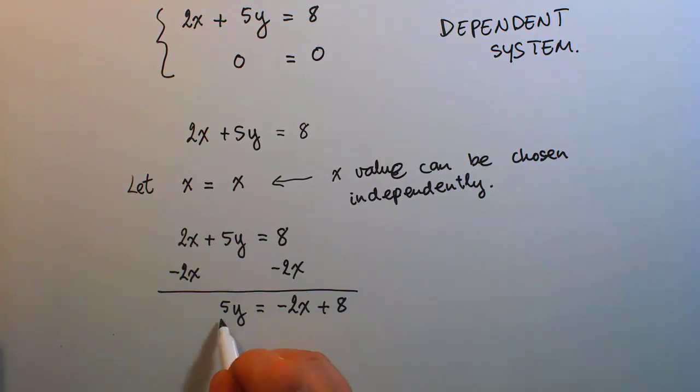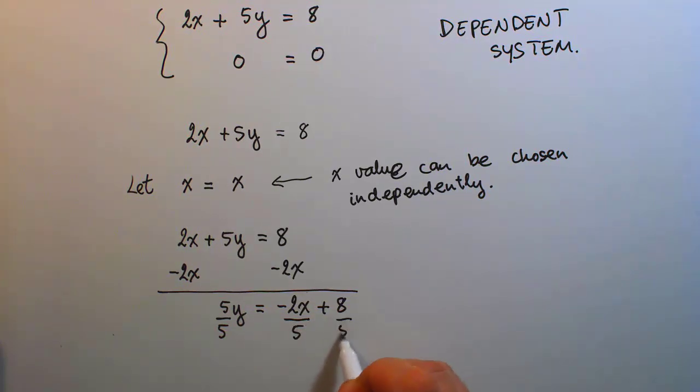Then I divide both sides by 5, so the 5 gets divided into each term throughout the equation. Consequently, my final expression is y equals minus 2/5 x plus 8 over 5.